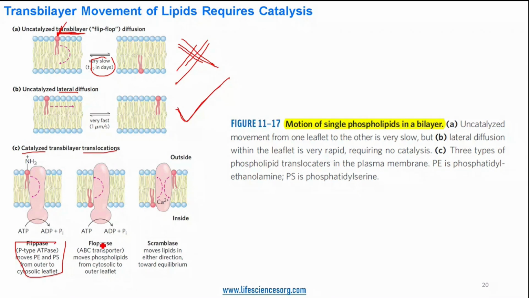Another one is the floppase, that shifts the phospholipid from inside to the outside, from one leaflet to another leaflet. Another, scramblase, shifts the phospholipid in this way in the presence of calcium, you can see. So different enzymes are required, otherwise this transbilayer diffusion is not easy, and this one is very easy. This may be an exam question in the objective type questions.